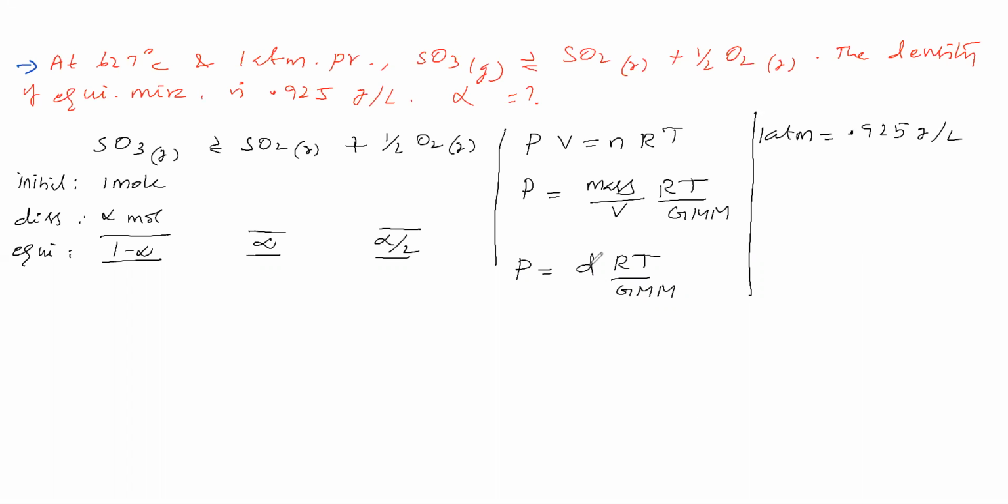Then density of equilibrium mixture, 0.925 gram per liter. Then R value is 0.0821 liter atmosphere per Kelvin per mole. It is the universal gas constant, a constant value.